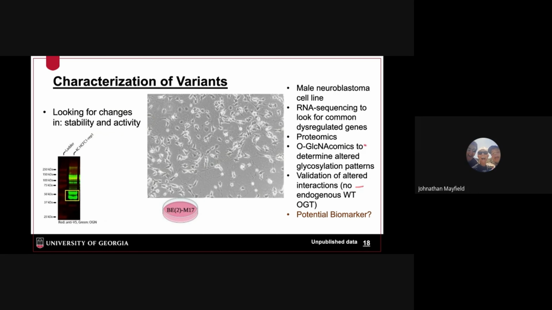This approach will hopefully identify a common biomarker or diagnostic, either, like I was saying, domain specific or for all OGT-XLID patients. This is work that myself and Jeff in our lab are currently working on. As we've said, this is important because a biomarker or a diagnostic test greatly improves our ability to both diagnose patients with OGT-XLID, but also look into potential therapeutics.